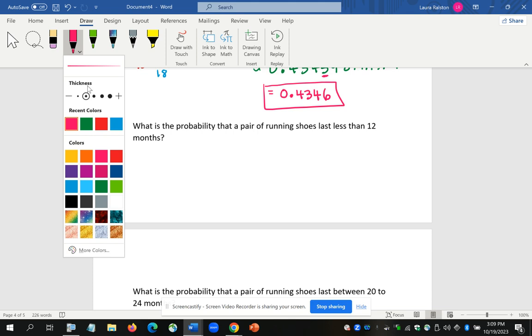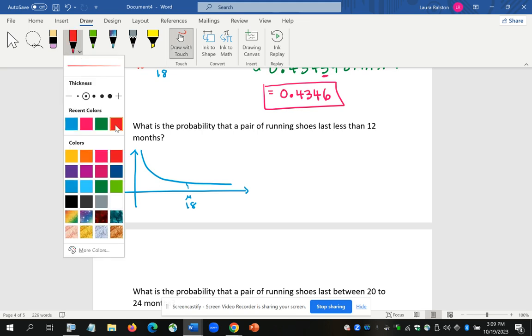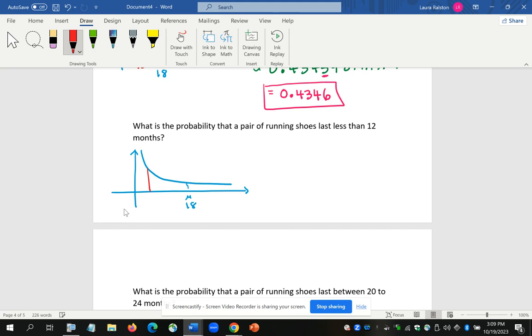All right, so the next one, same scenario. It says, what is the probability that a pair of running shoes last less than 12 months? So again, visually, you have your exponential function. The mean is 18. We want to be less than 12. Okay, less than implies we're to the left.